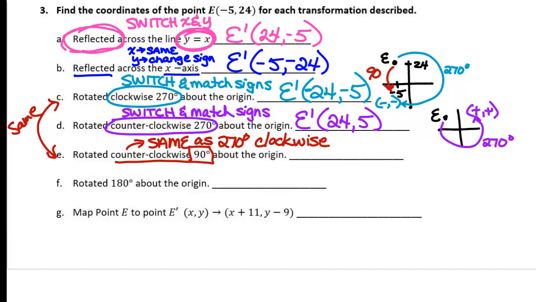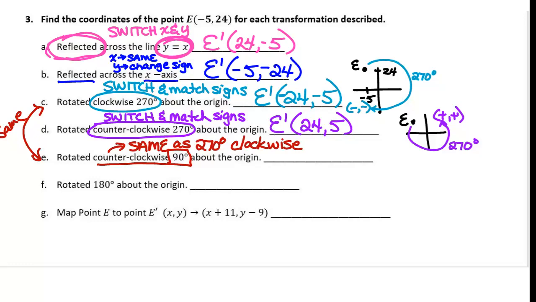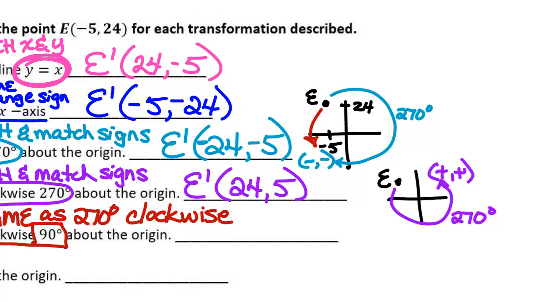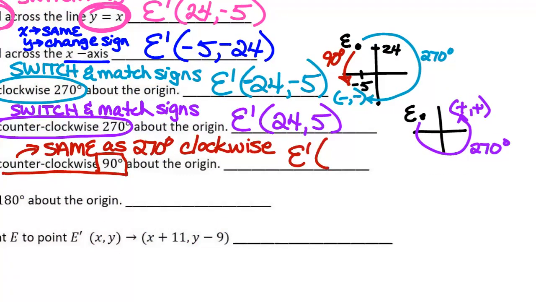Wait, did I do that? Hold on a second. What am I doing? Counterclockwise. Yeah. Okay, sorry. I'm reading things wrong and now I'm getting all kinds of confused. So E prime, negative 24, negative 5.